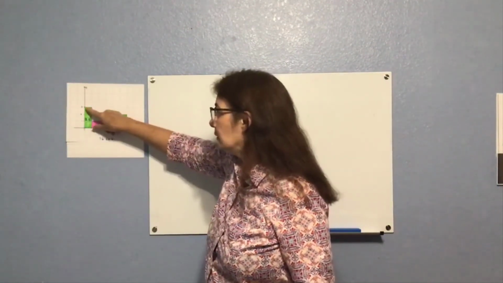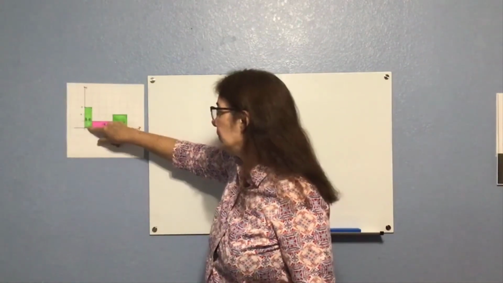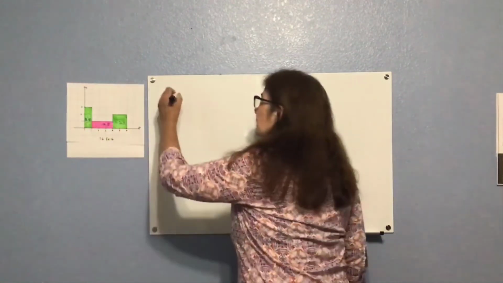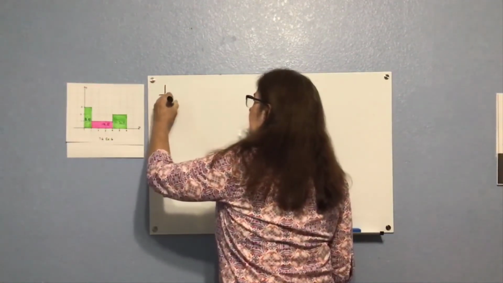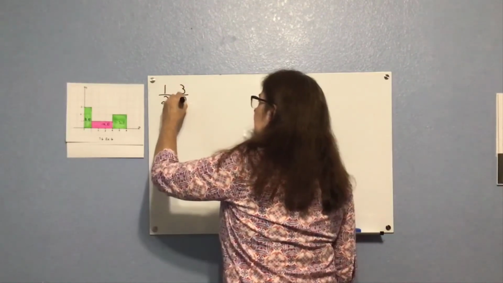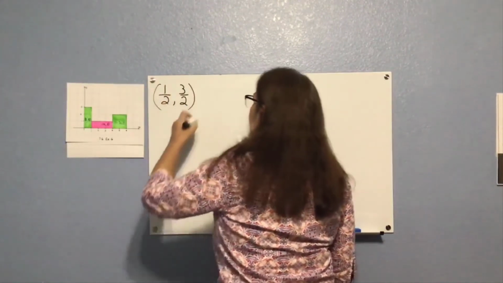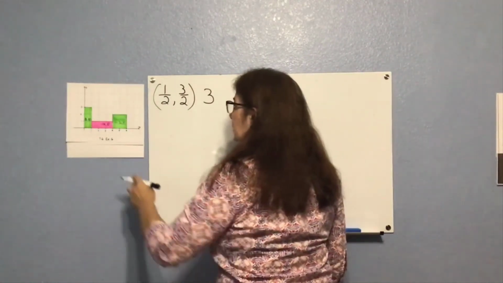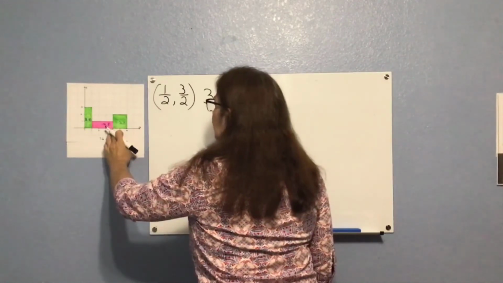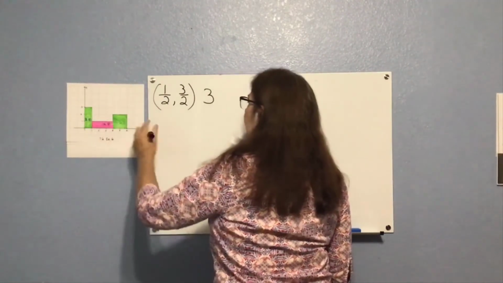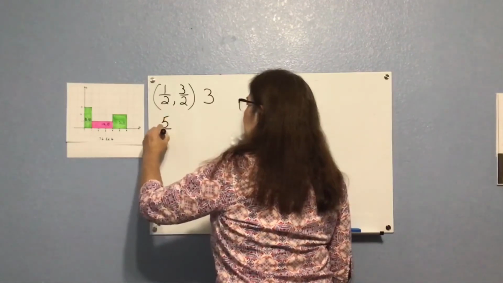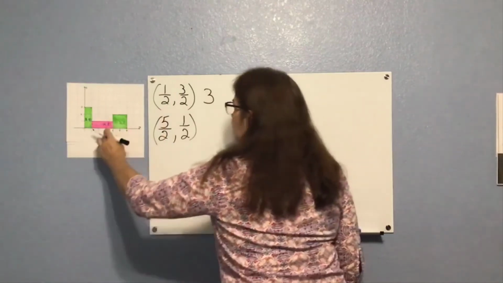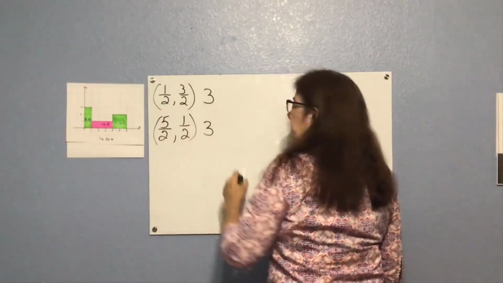But I did look at just this little triangle, and it has a centroid of 1/2, 3/2. And it has a weight of 3. There's 3 square units there. This one is 5/2, 1/2, and it also has an area of 3 or a weight of 3.